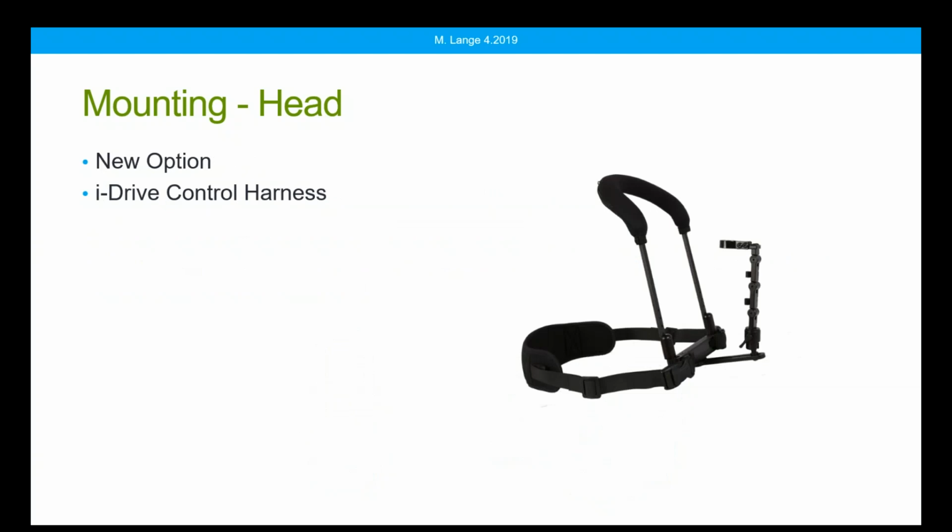A newer option from Stealth is the iDrive control harness. You can see here there's quite a bit of padding on the portion that goes over the neck. That's important. Some of these mounts are heavier than others. This is a little on the heavy side, and it's important to improve that comfort and pressure distribution. There's also an optional chest strap that goes behind the client's back to try to keep this harness in position.